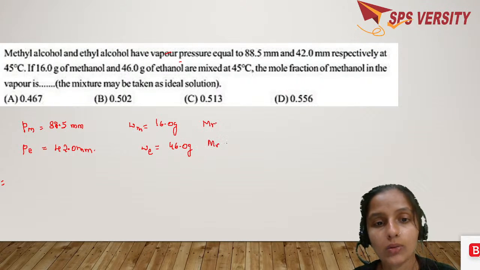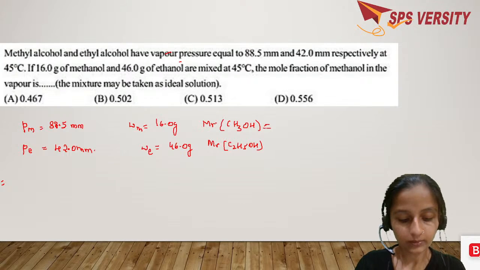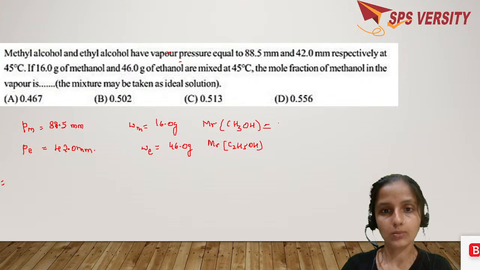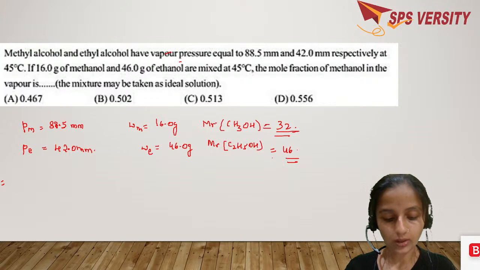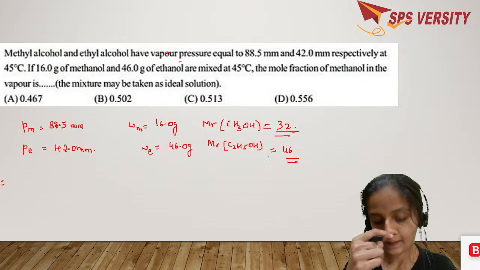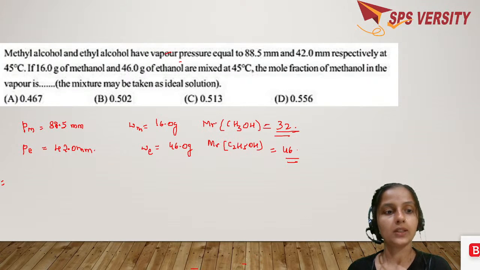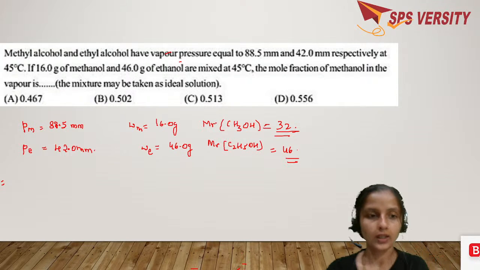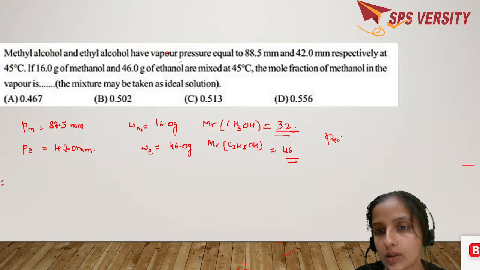Now you can find the molar mass. Ethyl alcohol is C2H5OH, and methyl alcohol is CH3OH. The molar mass is 32 here, and here it's 46. To find the mole fraction of methanol in the vapor, let me find this out first. We need P total.